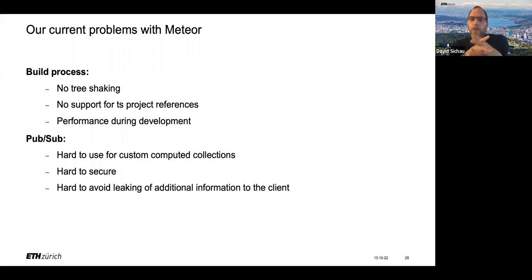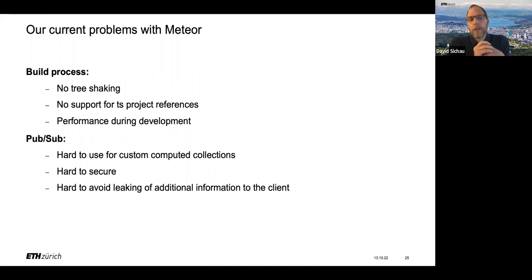It's also very hard if you don't want to export your Mongo collections as you have them in the database, but want to make some transformations on these collections. It's really hard to use publication-subscribe. You need to implement your own custom publication and subscribe, which is really fragile and hard to maintain.